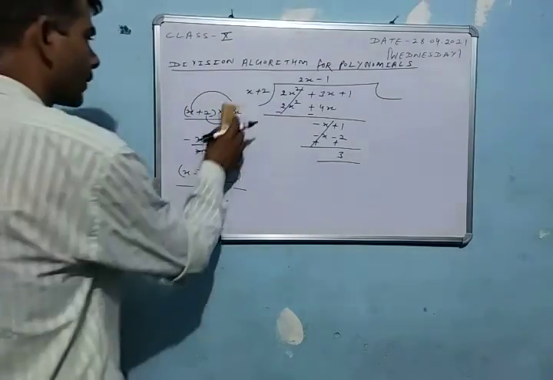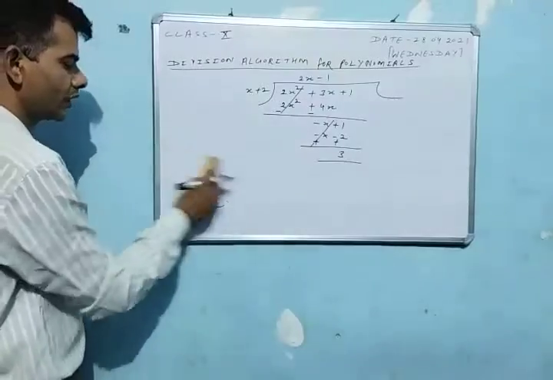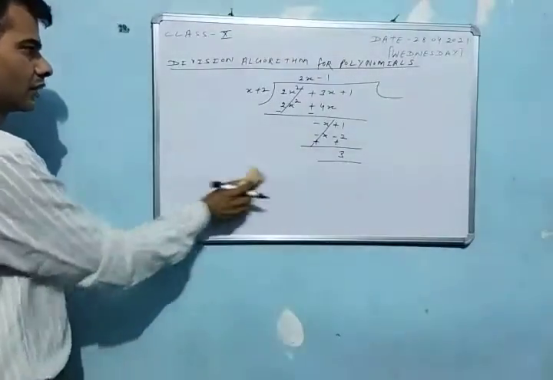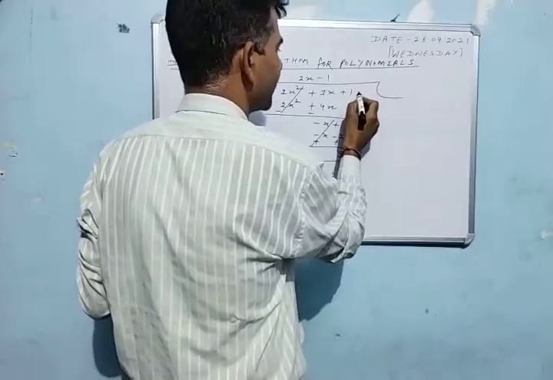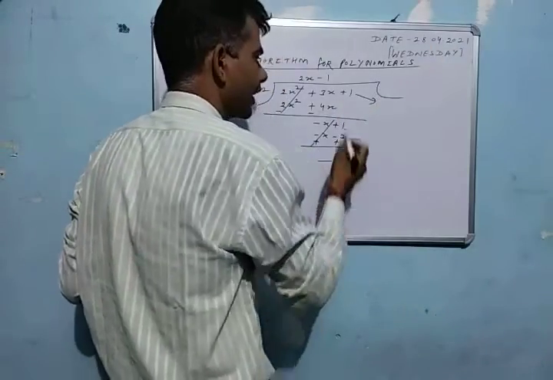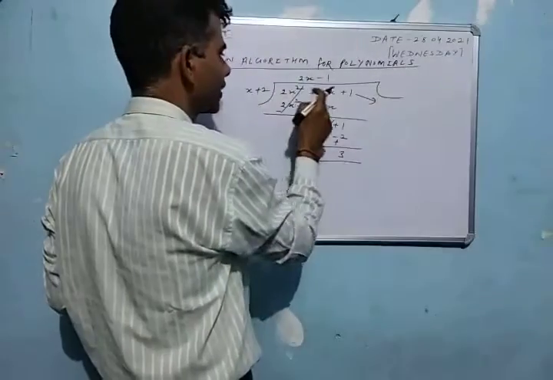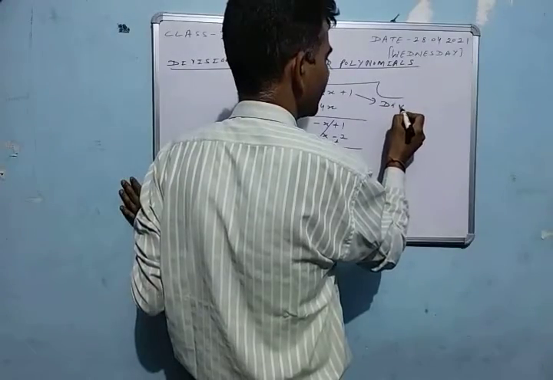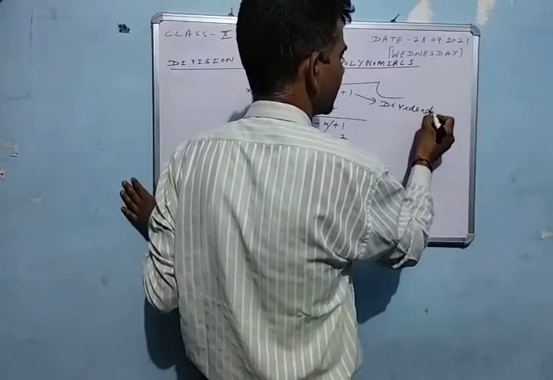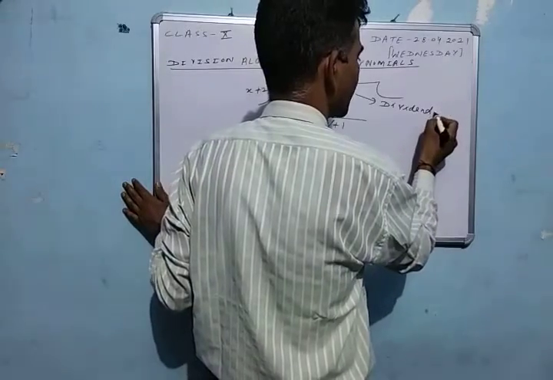Students, note it down. This is your dividend: 2x square plus 3x plus 1. It is represented by P of x.